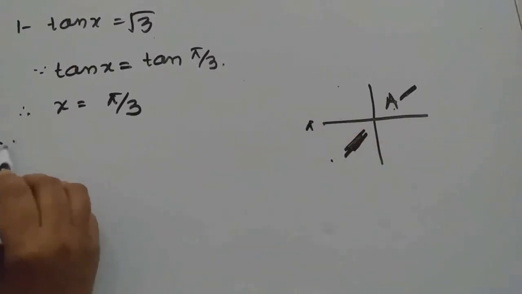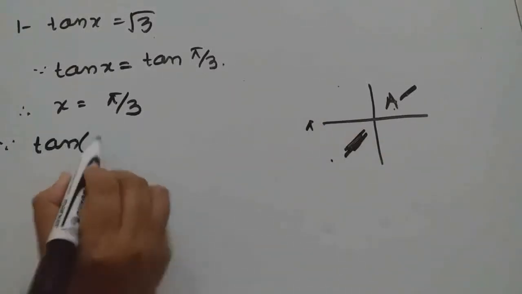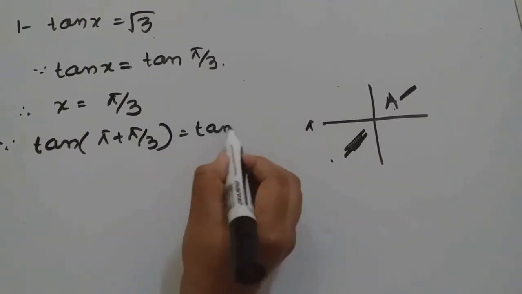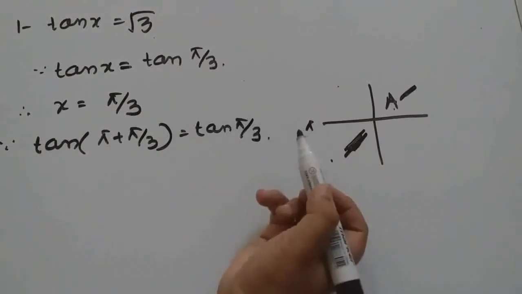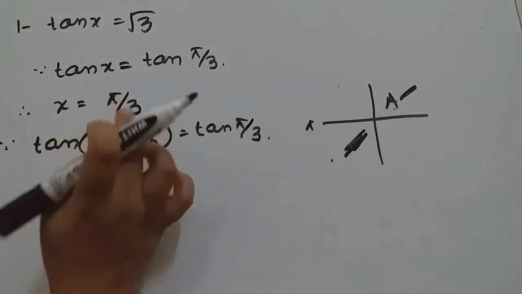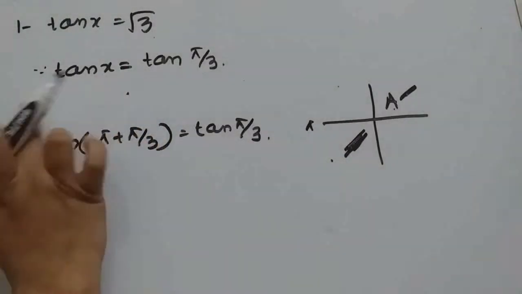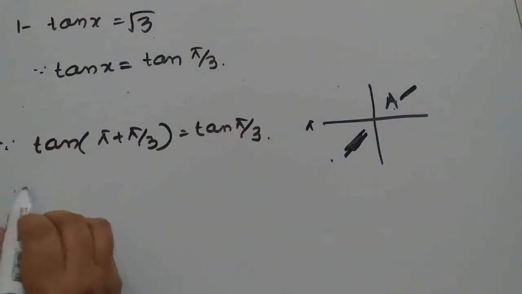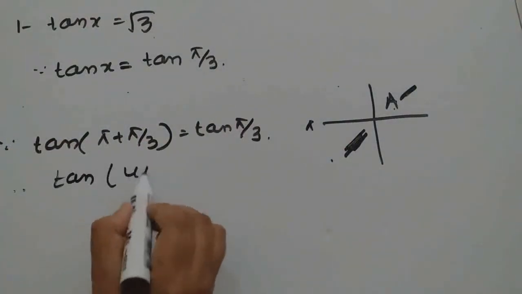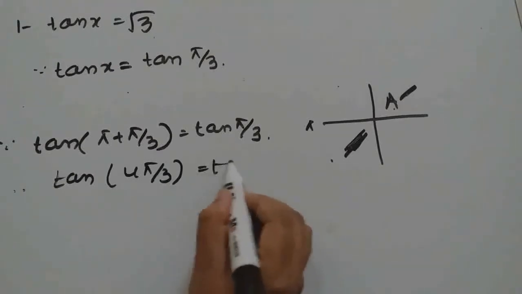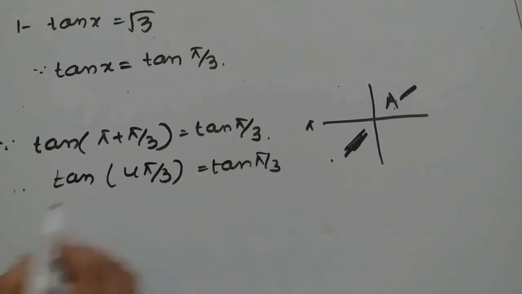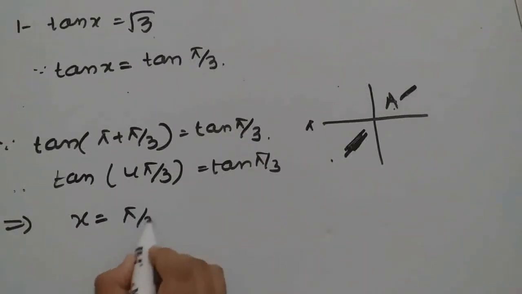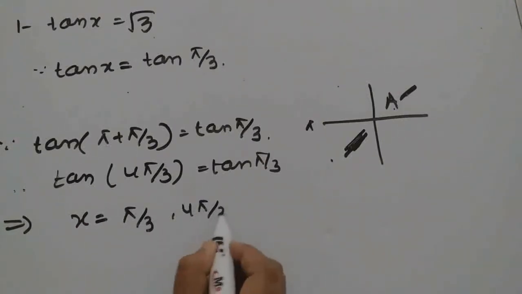Since tan of pi plus pi by 3 is also tan pi by 3, therefore tan of 4 pi by 3 is also tan of pi by 3. That implies we got two values of x, pi by 3 and 4 pi by 3.